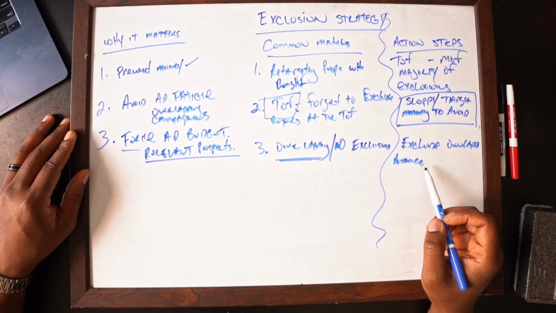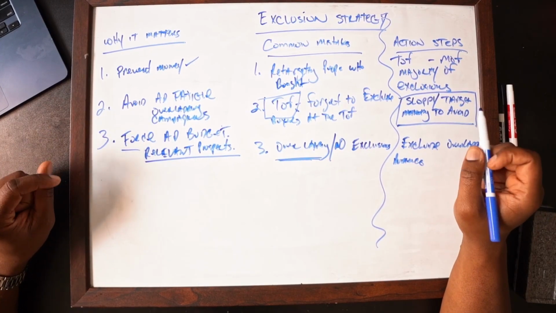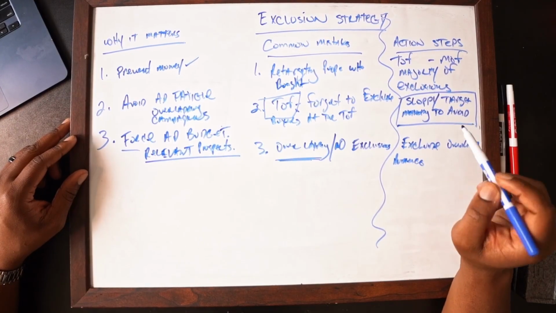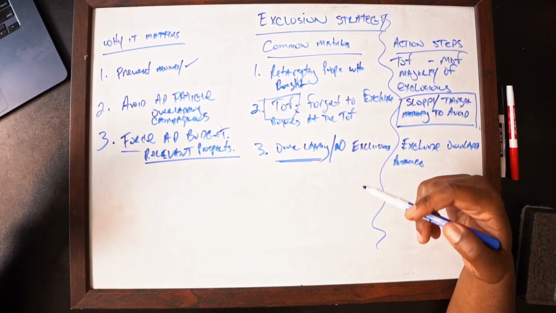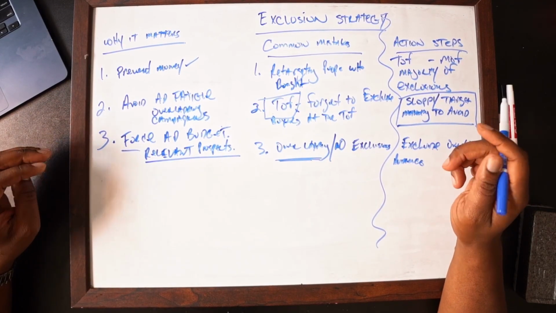The way you do this is you make sure you are laser focused on the right people that you are targeting. And lastly, this entire strategy is about making sure that you are moving smart with your marketing.